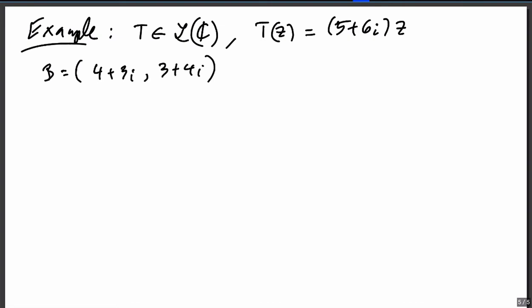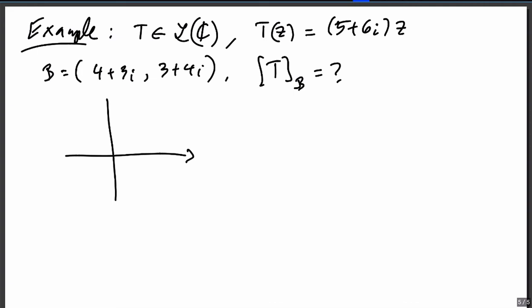So the vector space of complex numbers is like a two-dimensional vector space, and we are looking for the matrix of this transformation in this basis. This is like a two-dimensional vector space with the real part as the horizontal axis and the imaginary part as the vertical axis.